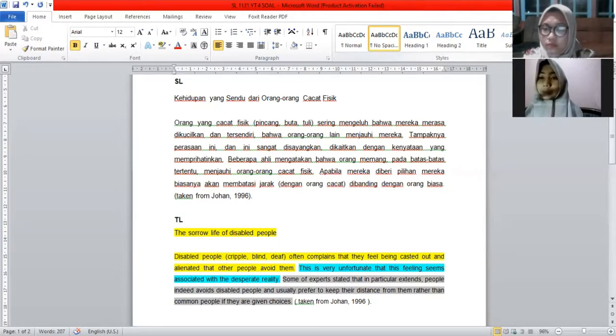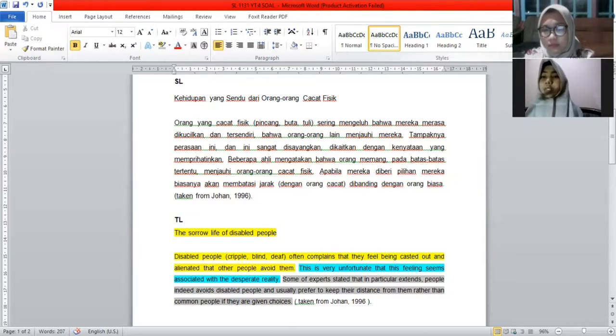We translate it to "some of experts stated that in particular extents, people indeed avoid disabled people and usually prefer to keep their distance from them rather than common people if they are given choices."